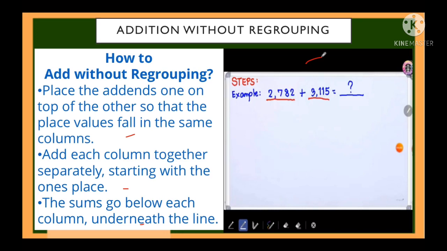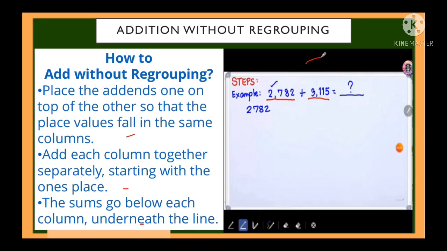So how to find those? Okay, so we need to just write or line up the numbers. I will start with this. We have here 2,782. We also need to follow the place values of each number so that the number on the top and the bottom will be the same place value.